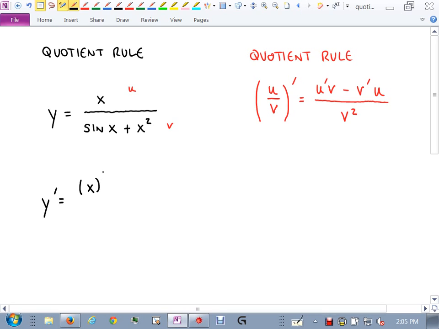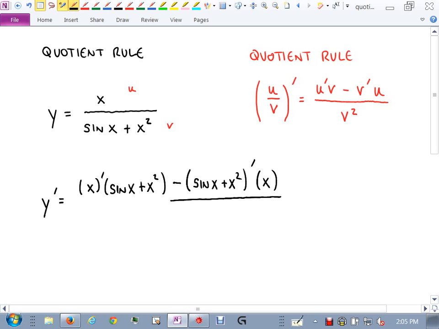It'll be the derivative of the top times the bottom minus, instead of plus, the derivative of the bottom times the top all over the bottom, the entire quantity, whatever it is, squared.